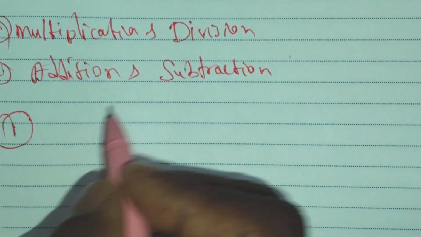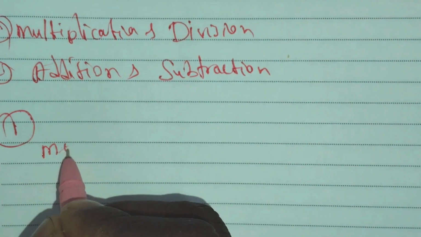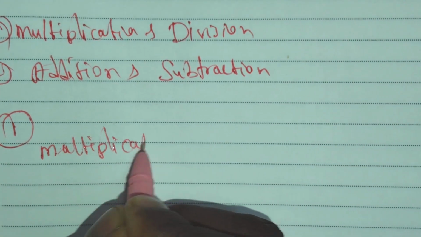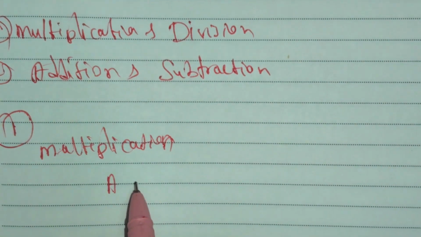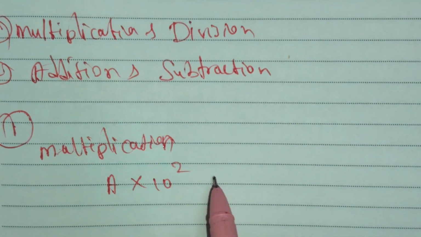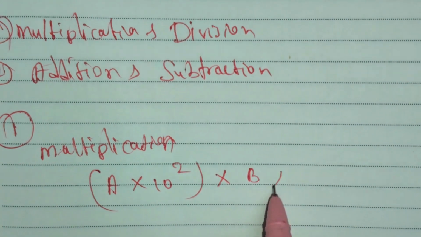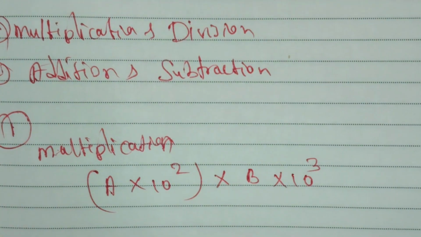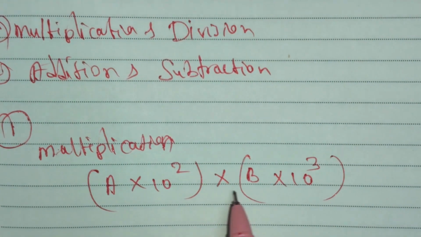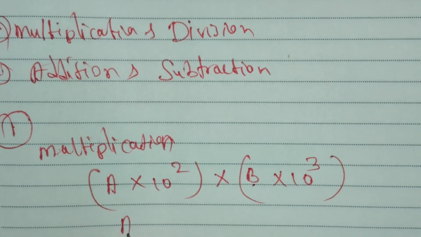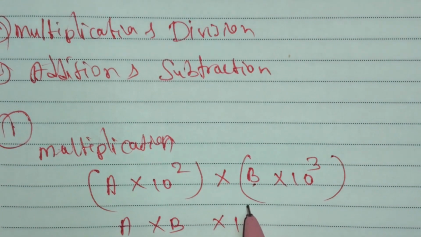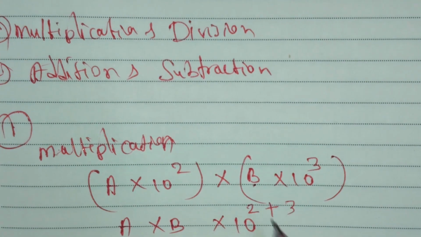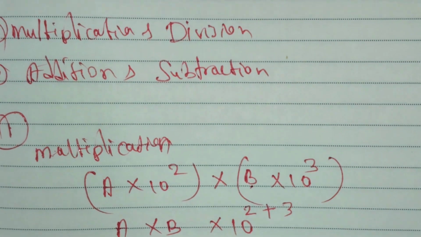For example, for multiplication: a into 10 to the power of 2 into b into 10 to the power of 3. Here a and b are multiplied, giving ab into 10 to the power of 2 plus 3. So we get the answer.